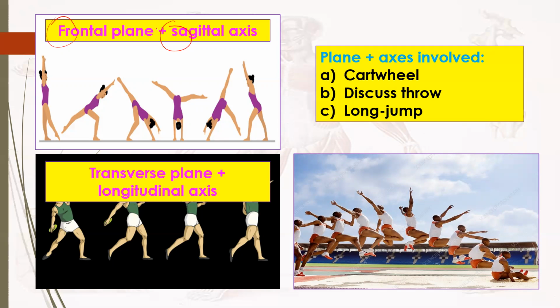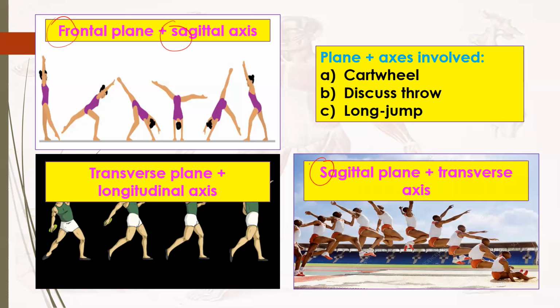The direction is forwards. Forwards or backwards is always the first in the pair of the rhyme. So silly teachers. S for silly, T for teachers, sagittal plane because the plane comes first in the pair, and then transverse axes.